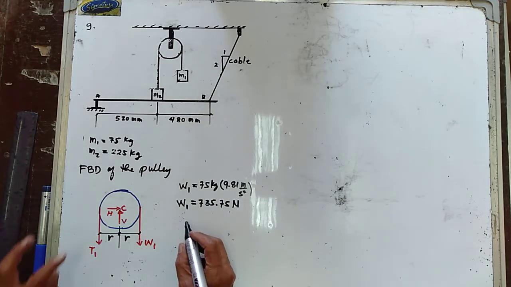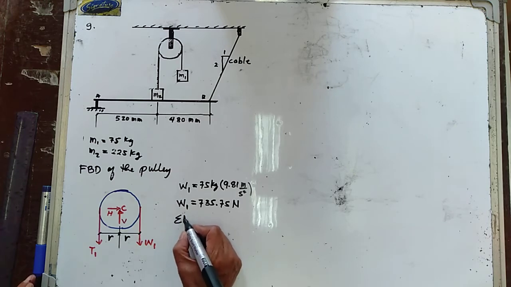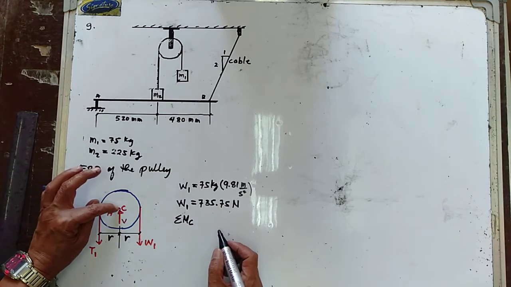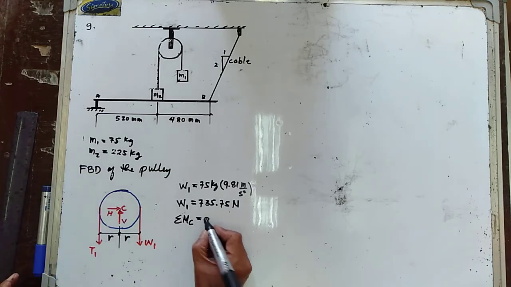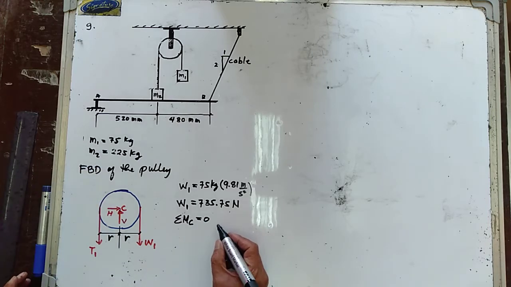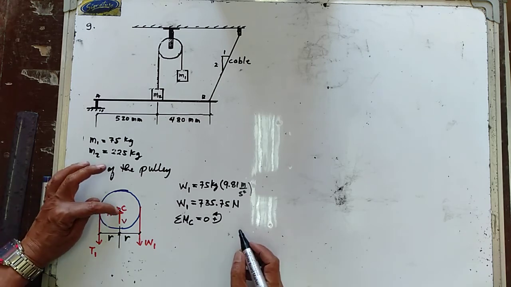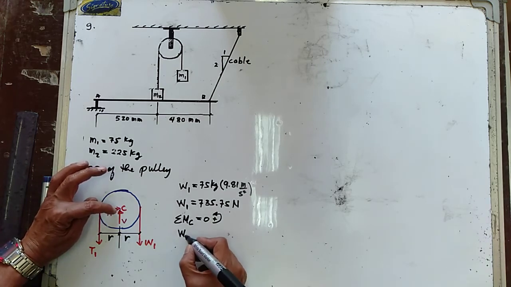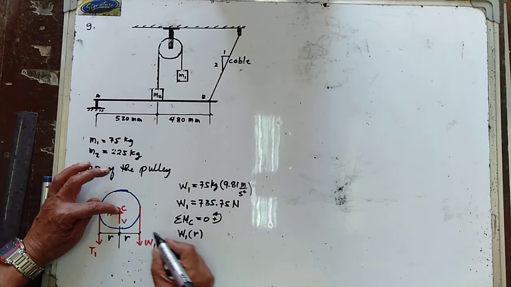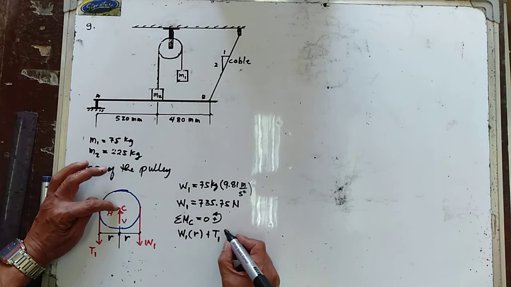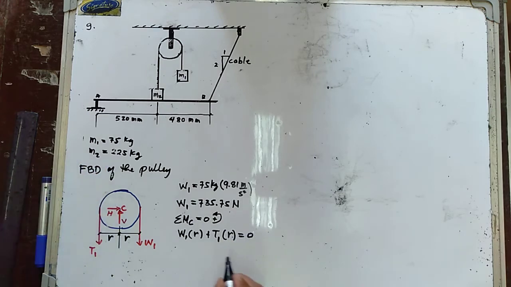Let us take summation of moment about point C, the center of the pulley, equal to 0. I'm going to get counterclockwise moment as positive. So we have W1 multiplied by the radius, minus T1 multiplied by the radius, is equal to 0.